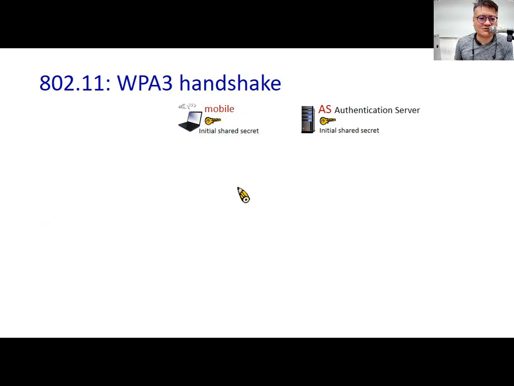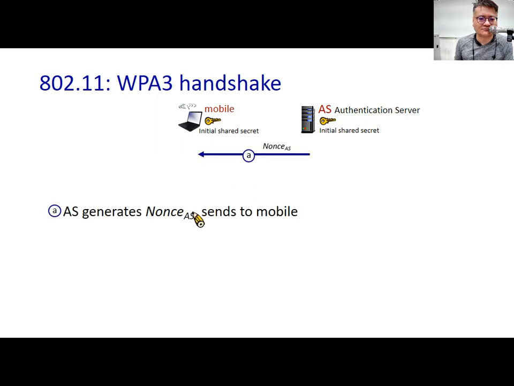So WPA3 is a handshake between the mobile and the authentication server. First, the authentication server generates a random number, a nonce, and sends it to the mobile.